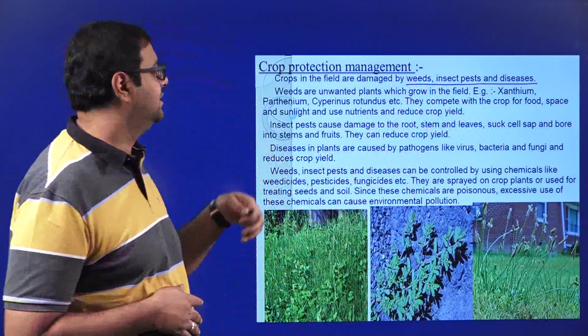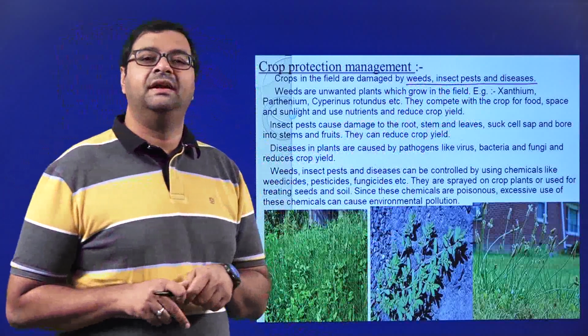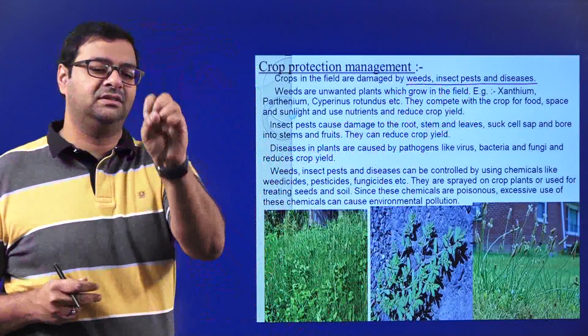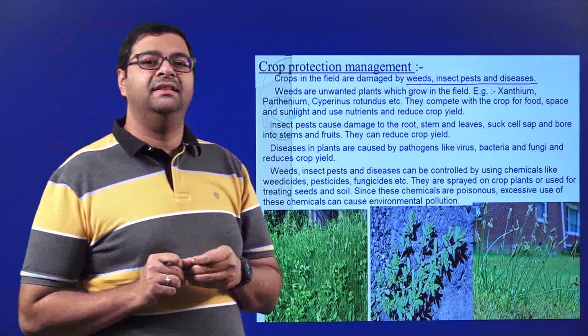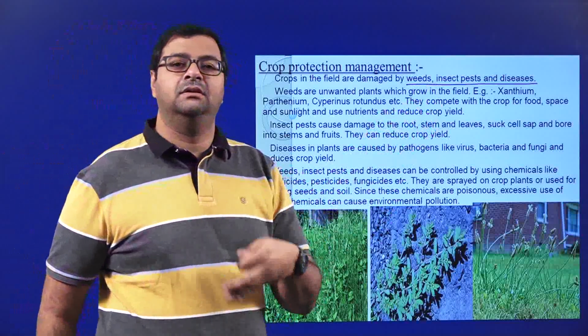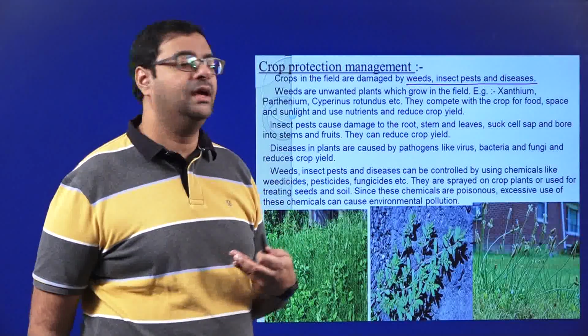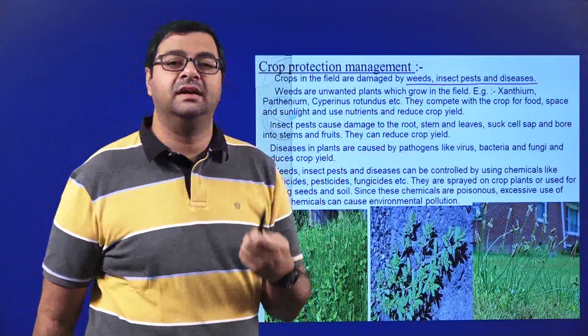Diseases are generally caused by microorganisms, and insect pests, as you already know, sit on the plant and suck the plant juices, and because of that the plant is damaged.